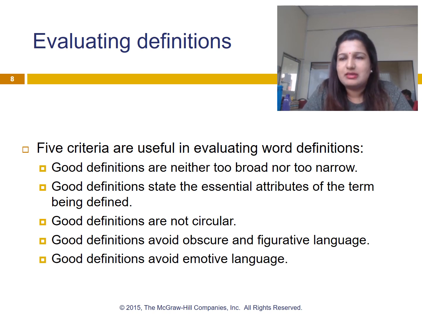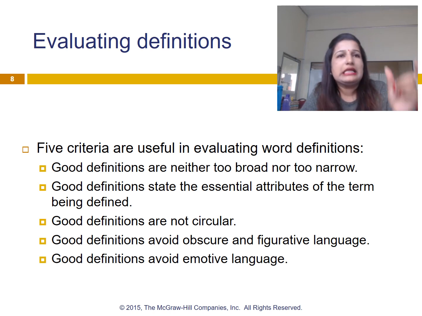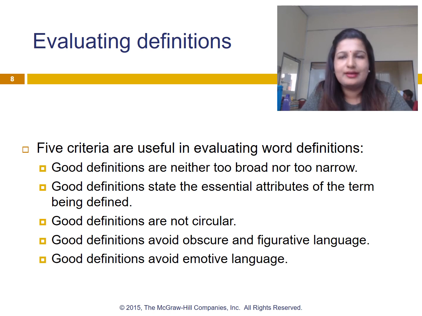You still provide me the attribute of being a teacher, but I still don't understand who or what a teacher is. A circular definition would be going back to the point that you started. It's in a circle, but people don't really get out of the loop. So a better definition would be that a teacher is a person who teaches what can be done and what cannot. So rather than repeating the term from the word itself, you have to go beyond the circle.